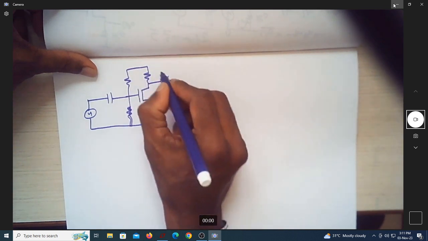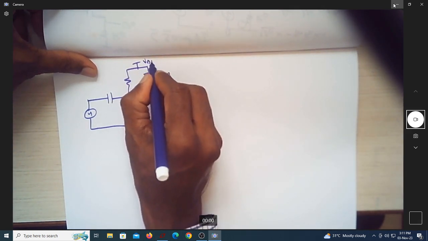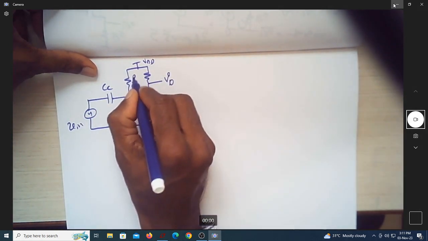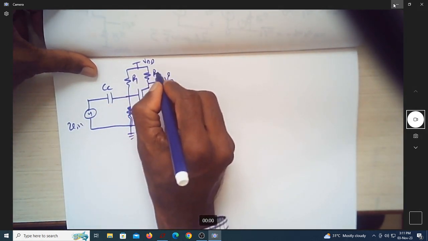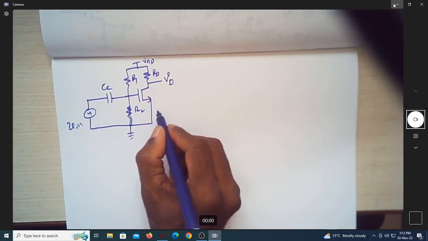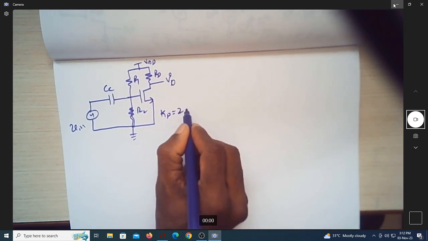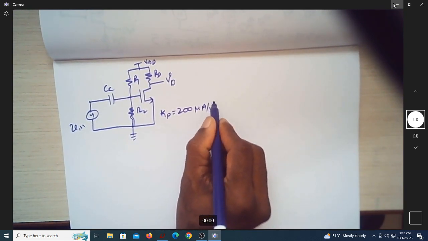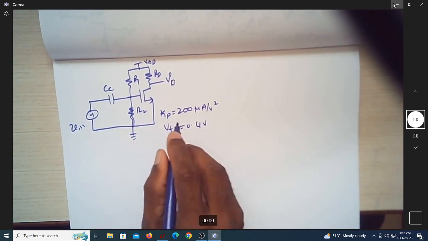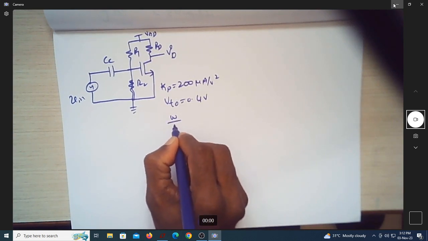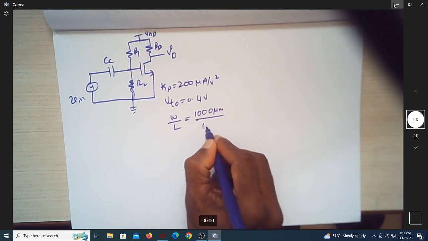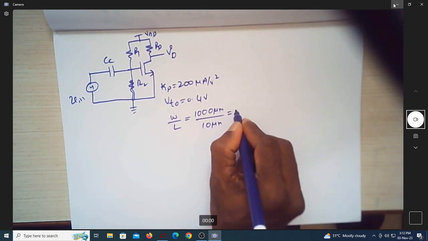This is V0, this is VDD, the coupling capacitor, Vin, ground, R1, R2, RD, and this is my MOSFET. Of course the MOSFET will have Kp of 200 microampere per volt squared, VTO of 0.4 volt, and you can assume W by L as 1000 micrometer by 10 micrometer, which is equal to 100.